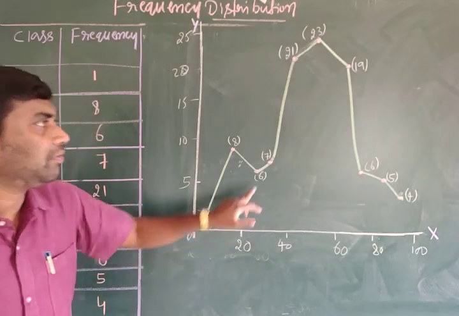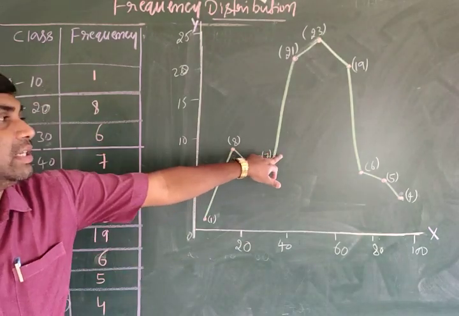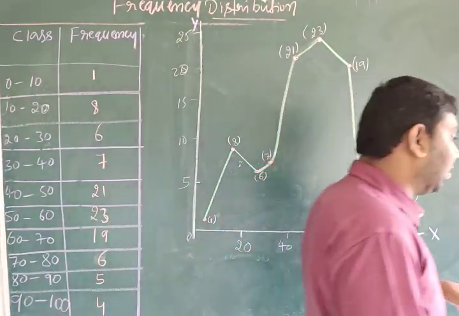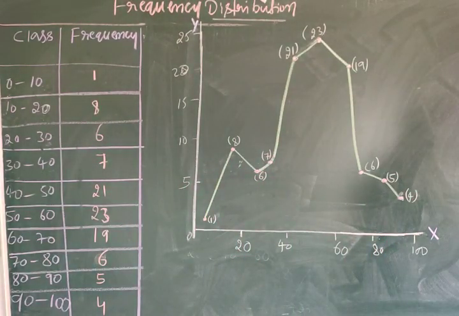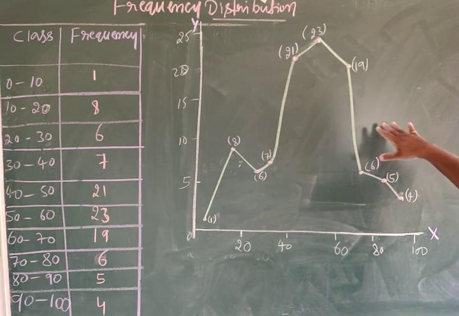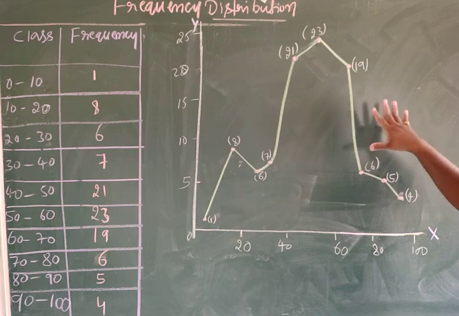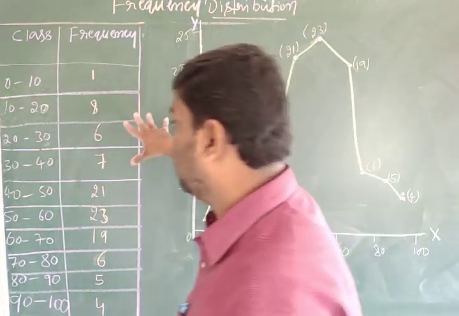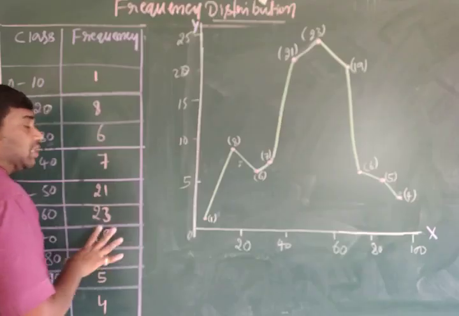In this diagram we observe the frequency curve. This frequency curve explains the frequency distribution. What did we understand in the previous class about frequency distribution?